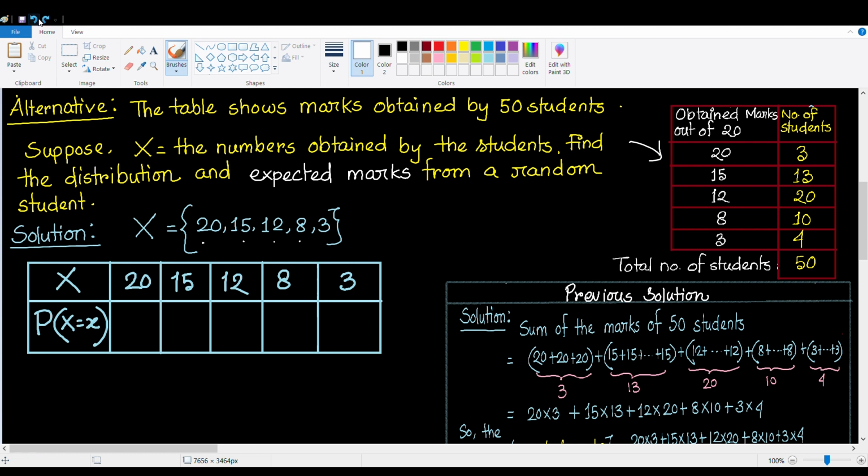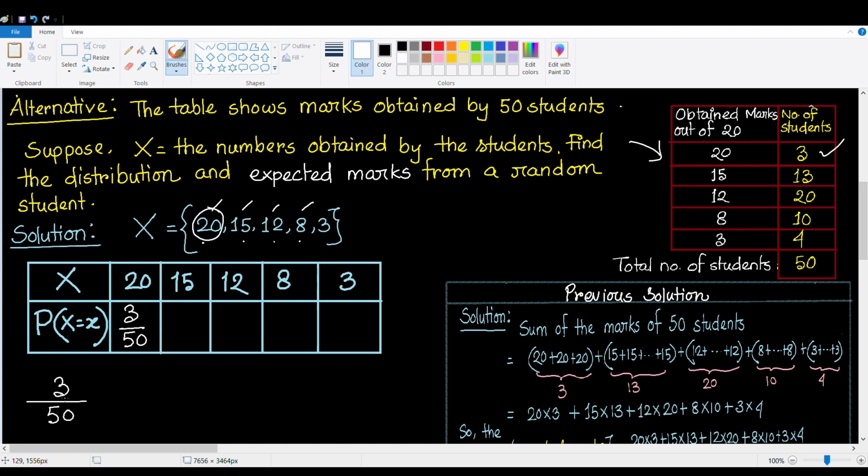What would be the corresponding probability for each of these values? If a student is randomly chosen from the class, what is the probability of the student getting 20? That is the corresponding probability for 20, right? So we can write 3 by 50 here. How? There are 50 students in total and 3 of them got 20.